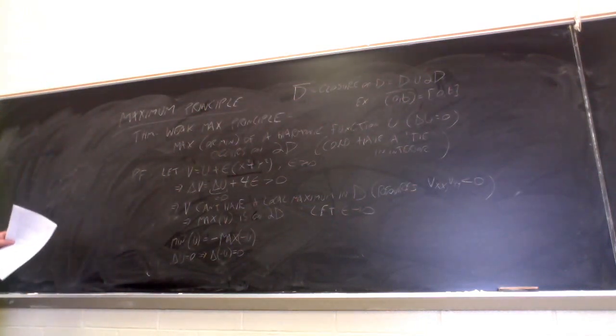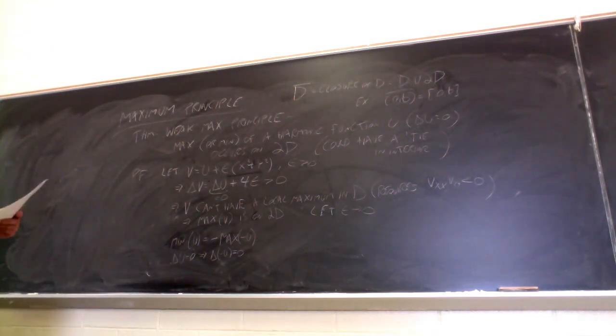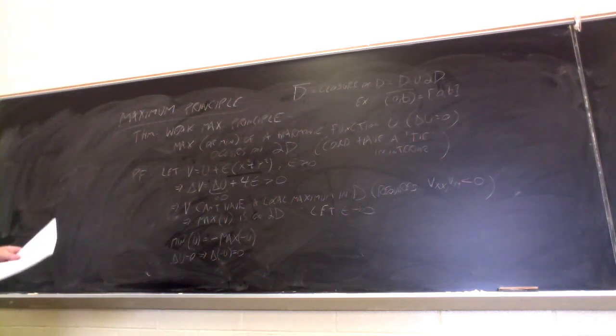I mean, you kind of intuitively see that you could not have a tie based on how I've proven this, but I want to prove convincingly that the max and min occur only on the boundary, that it's not possible to even hit the same value in the interior. But there's a little more to go through to prove that result.